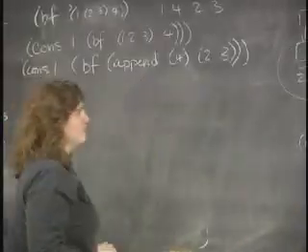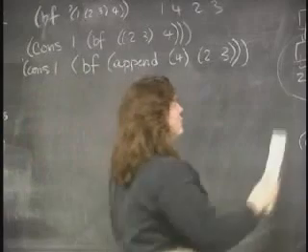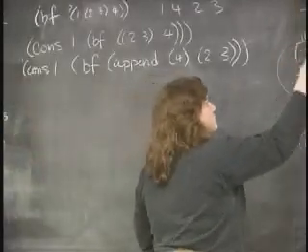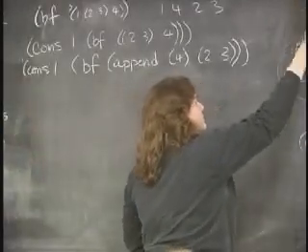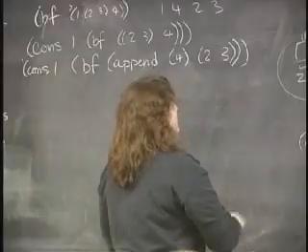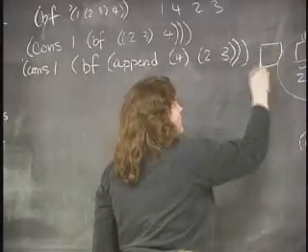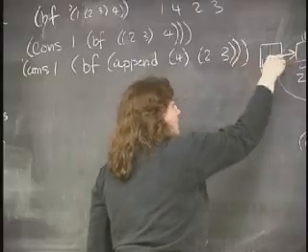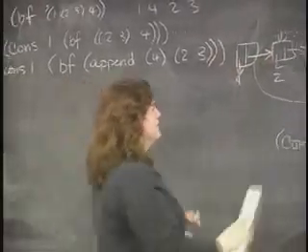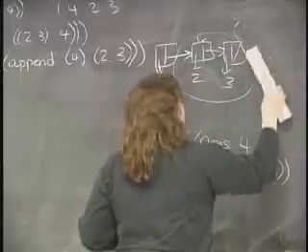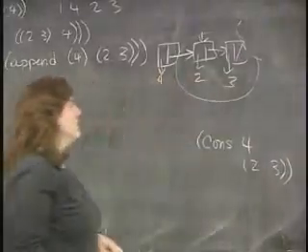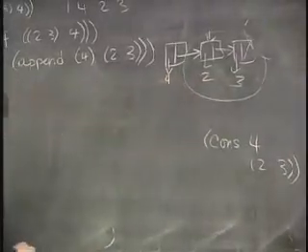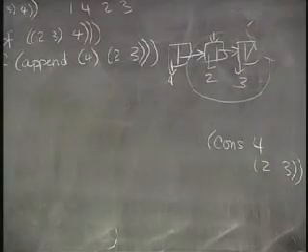Which means our structure is now going to look like this. This is gone. We're going to take 4 and cons it to that. This I'm going to erase right now. Scheme would keep it around. We would need to do something to get rid of it called garbage collection, which we will see at the very end of this course.